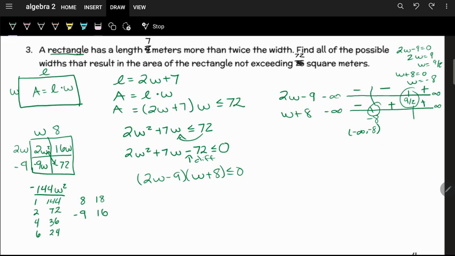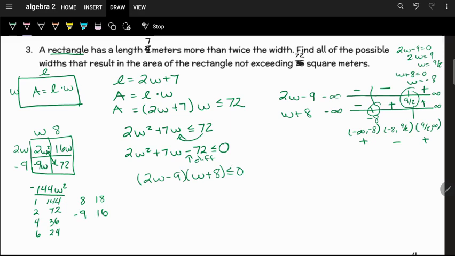That is going to give us a positive. Between negative 8 and 9 over 2, we're going to have a negative times a positive. That is going to give us a negative. And between 9 over 2 and infinity, we are going to have a positive times a positive. That'll give us a positive.